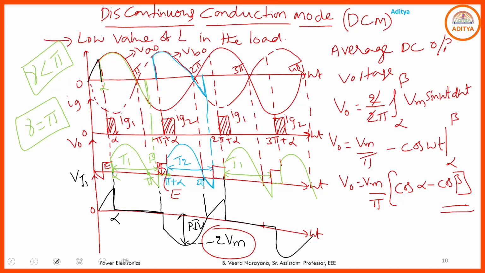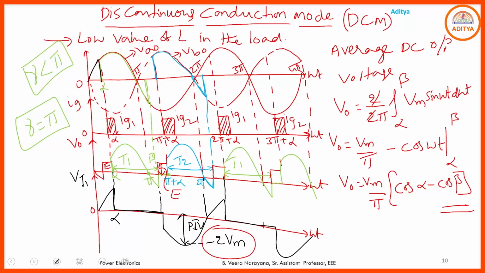If the peak inverse voltage is high, high rating SCRs must be considered in the construction of the converter, suitable to withstand this 2 Vm voltage. That means large rating SCRs are required to construct the midpoint type converter. That is one drawback.